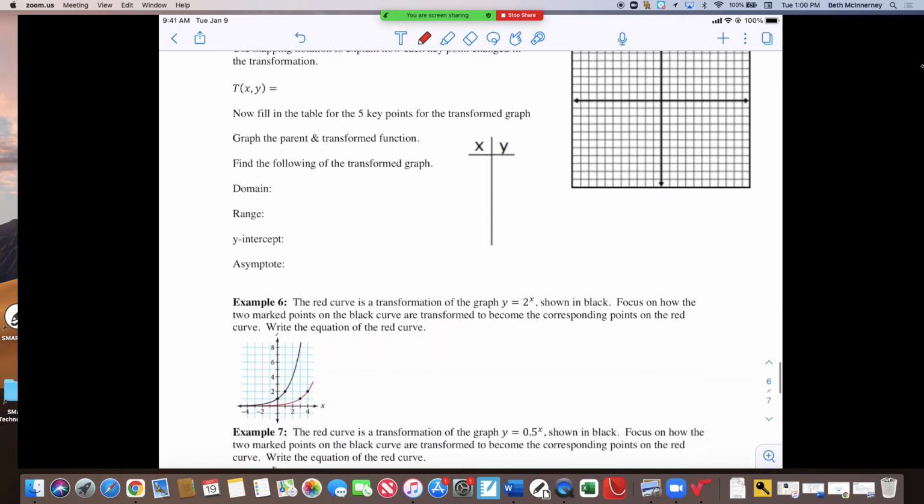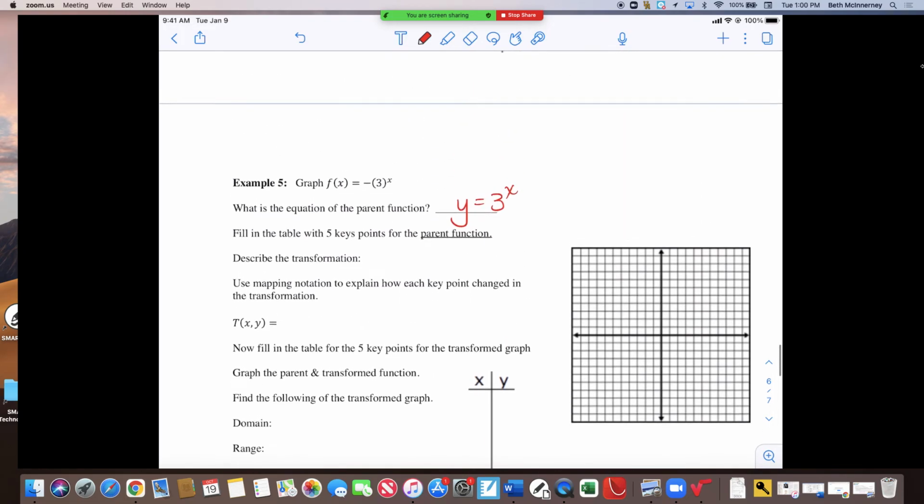So I think I may have not given us 2 tables. So let's put this one beside it. So we're going to do -2 to 2. So Keelan asked an outstanding question. In exponential functions, the parent function will always go -2 to 2 on the x column.